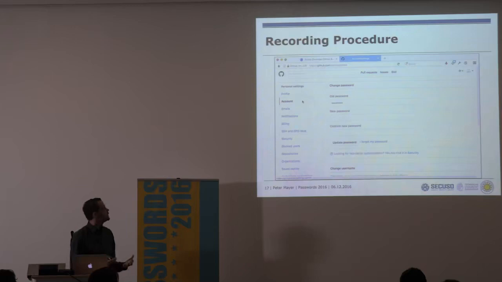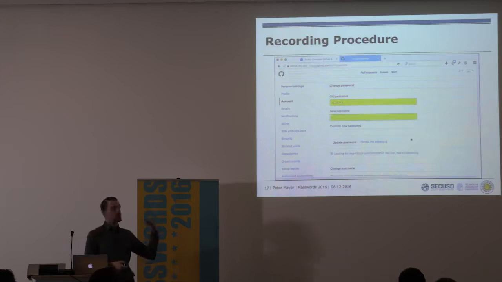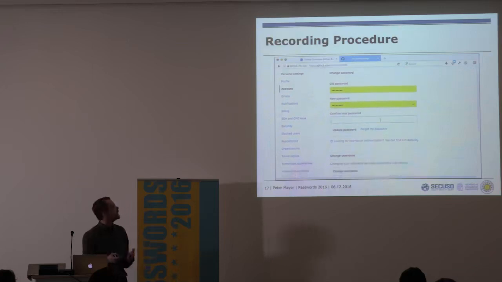Here, too, we have to label these fields to be able to play that back later on. And it's important that we actually perform this password change, because we do not know what happens after we press the update password button. There might be other websites that appear, so we want the user to really perform this change.